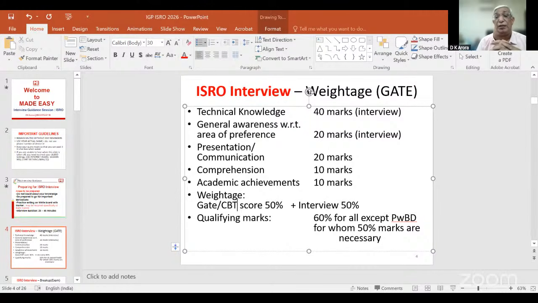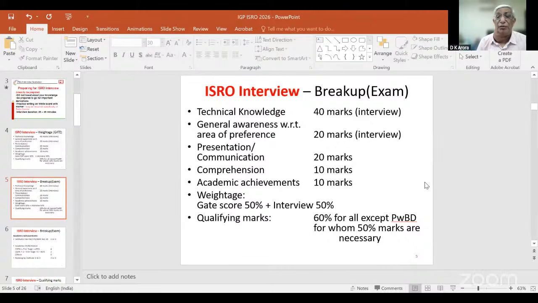That will make it correct, right? After the weightage of 50% of gate or CBT plus 50% for interview, the qualifying score is 60% for all categories except persons with benchmark disabilities, in which case 50% marks are the required marks. Okay.